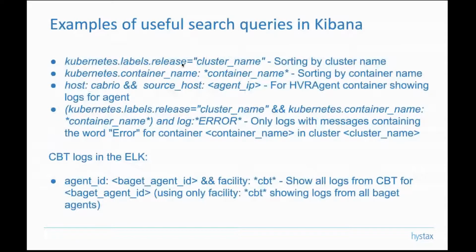A couple of useful search queries that we suggest our users to use to find out some information, for example, about some specific container by its internal name, for example, REST API, or about some specific replication agent, for example, a case of VMware replication agent.